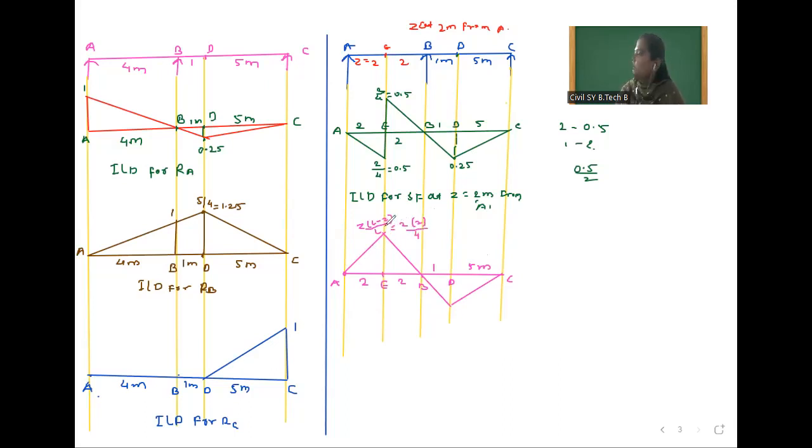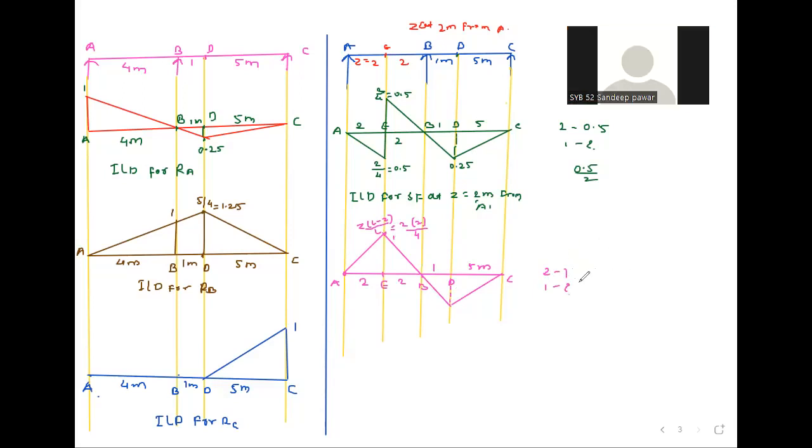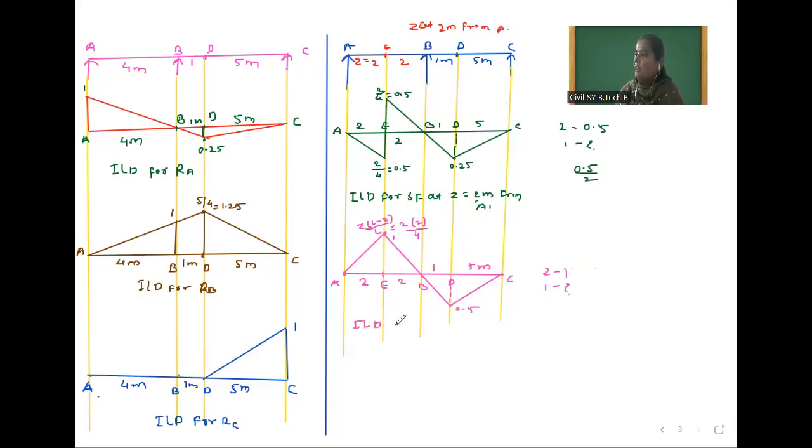Yes, so this is 1. Now we have to calculate for this. For 2 meter the value is 1. So for 1 meter, how much? Here the value is 0.5. So this is the ILD for bending moment at Z, which is equal to 2 meter from A.